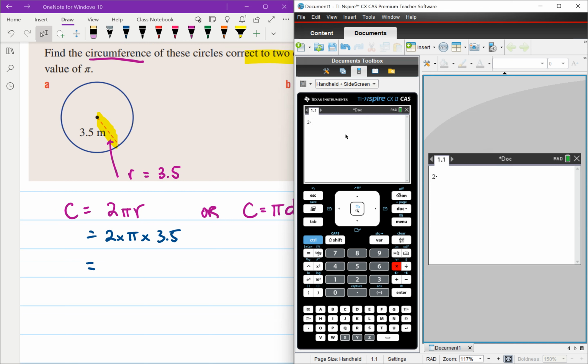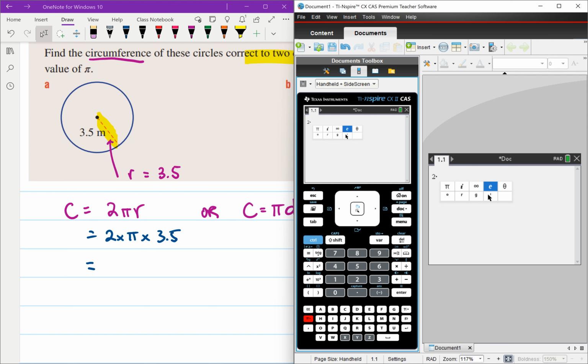Now on your scientific calculator, you might have a different one, but I'm looking for this symbol. That symbol right there, that's pi. That's the pi symbol, which is equivalent to about 3.14. So 3.14 is pi rounded. So I want pi.